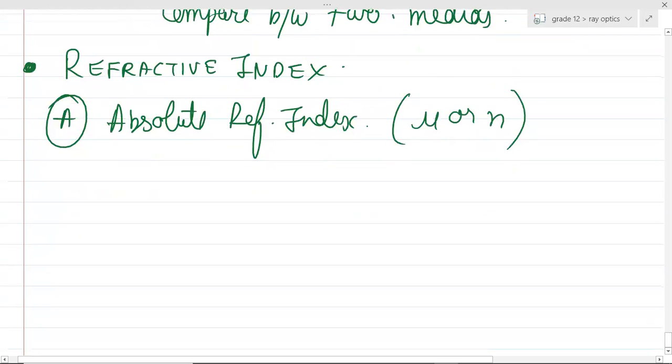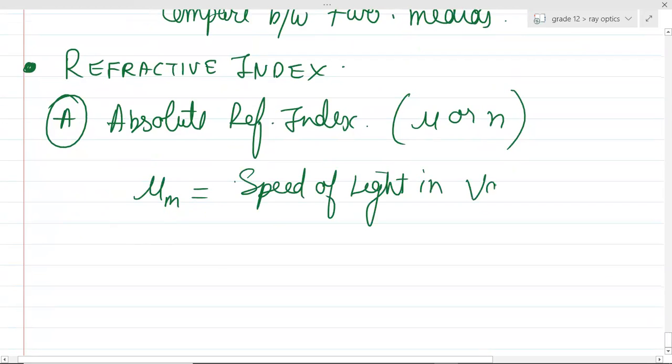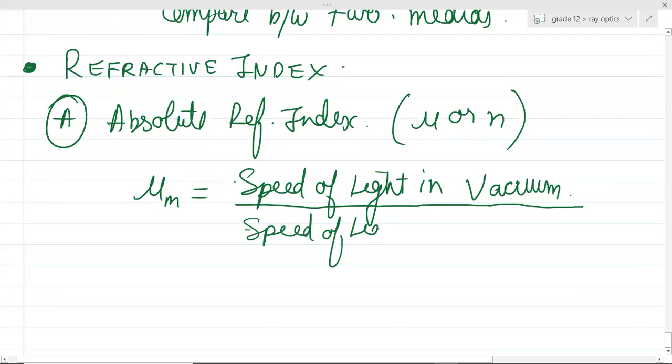There are two formats in which you define the refractive index. The refractive index of any medium is equal to the ratio of the speed of light in vacuum to the speed of light in the medium, which is basically c by v.